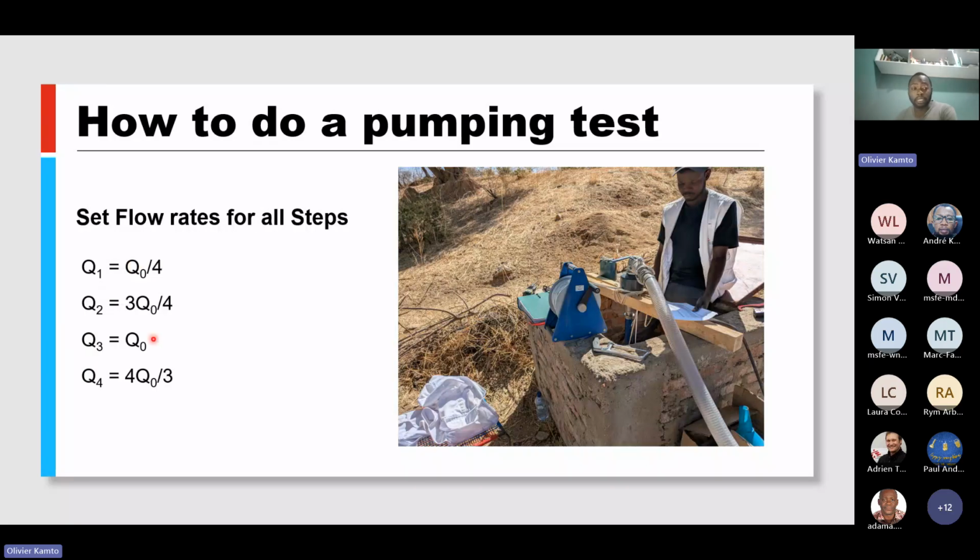before. Then we should run it again as well at Q4, which is the maximum pumping rate during the pump test. We should run the test again at Q4.